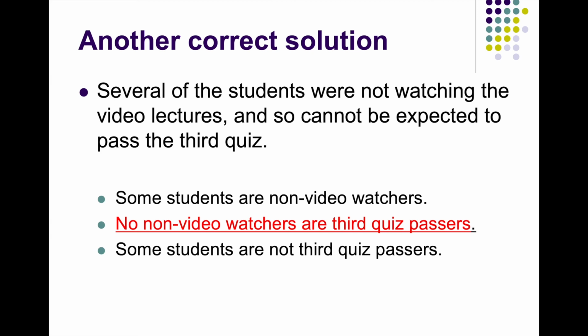And so if you did it this way and ended up with no non-video watchers are third quiz passers, or you could say no third quiz passers are non-video watchers, those would also be correct solutions, or the generation of a correct missing premise, because in each case you would get a valid syllogism.